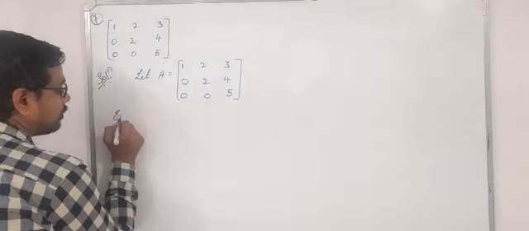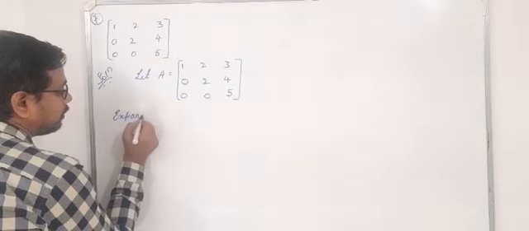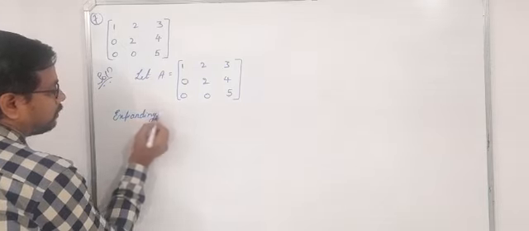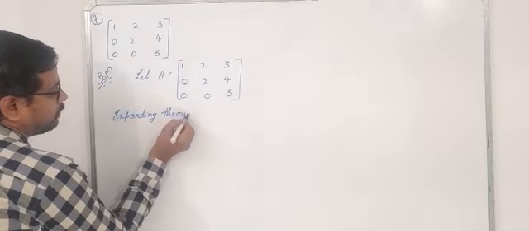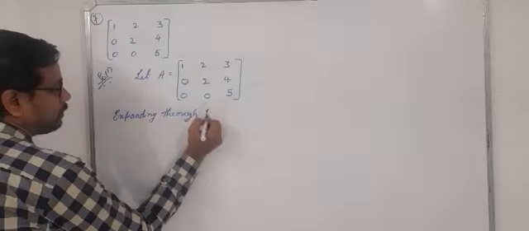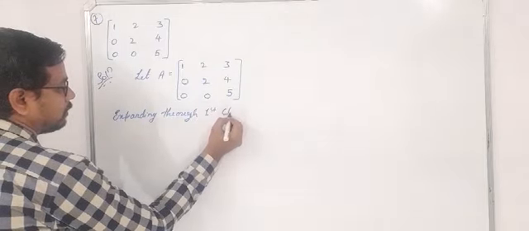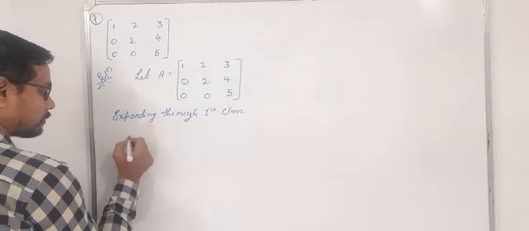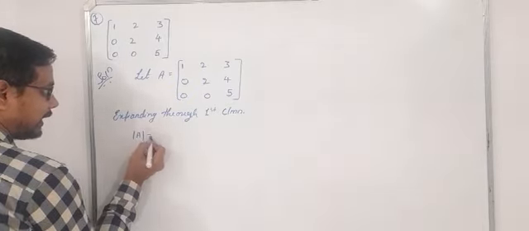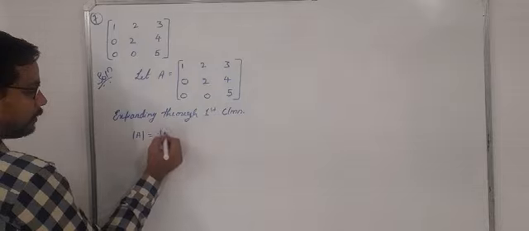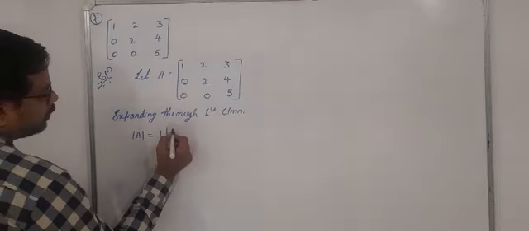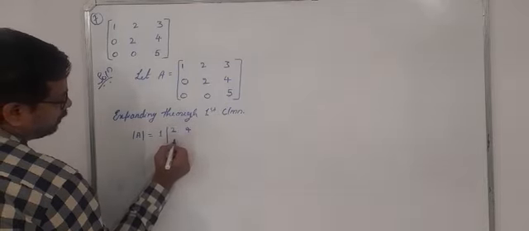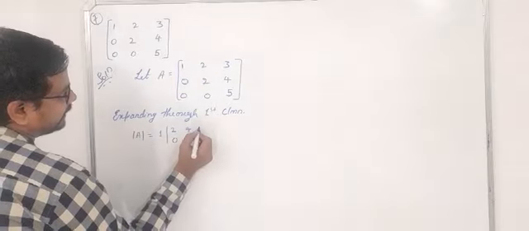So expanding through first column, determinant A will be 1 into the determinant 2, 4, 0, 5.